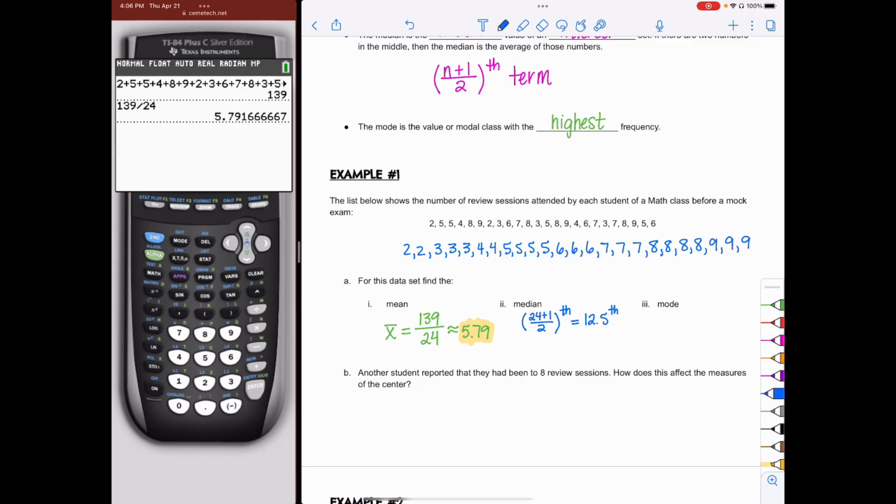We should add up the total amount of numbers. We should get 24 if we wrote them out correctly.